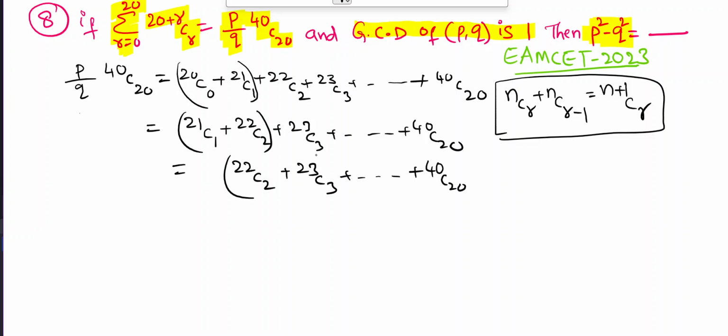Again applying the formula, 23C3 plus up to the last term 40C20. Applying this formula we get 41C20.